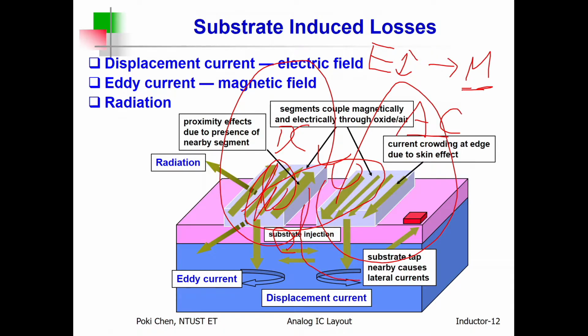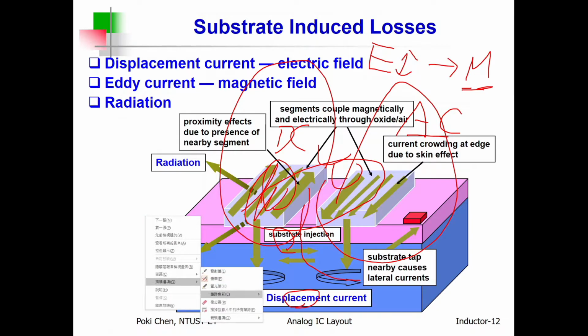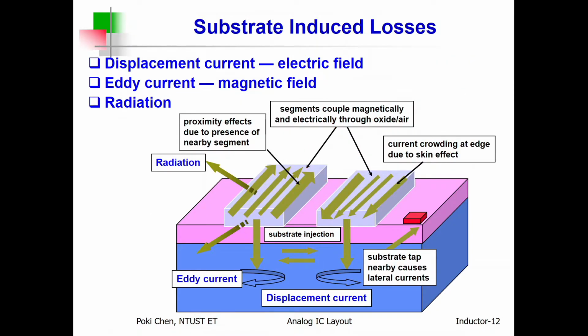The variation of such kind of magnetic flux penetrating into the substrate will cause two kinds of disturbance. One is eddy current, 涡流. The electric field induced by the magnetic field will have some kind of circulation current.